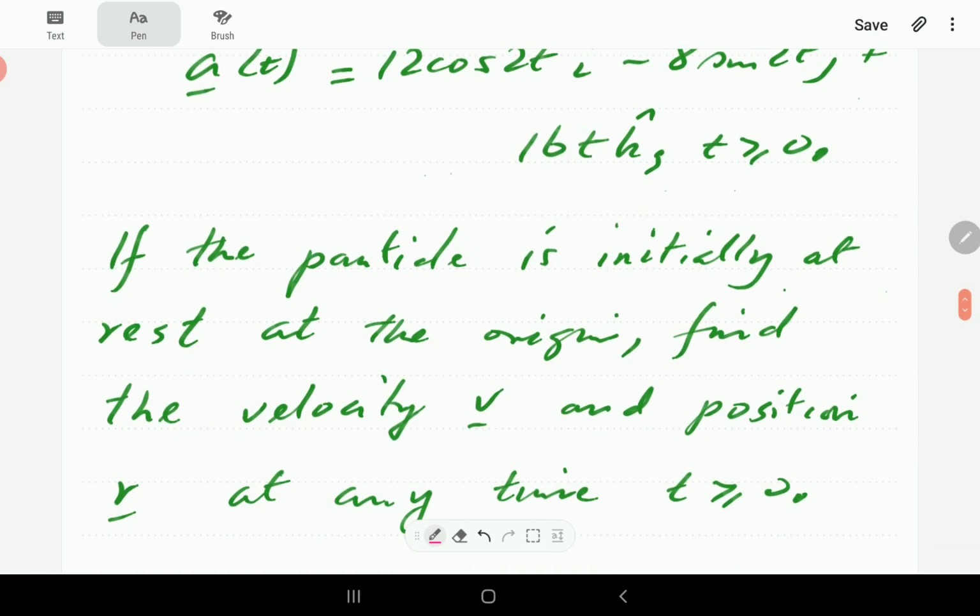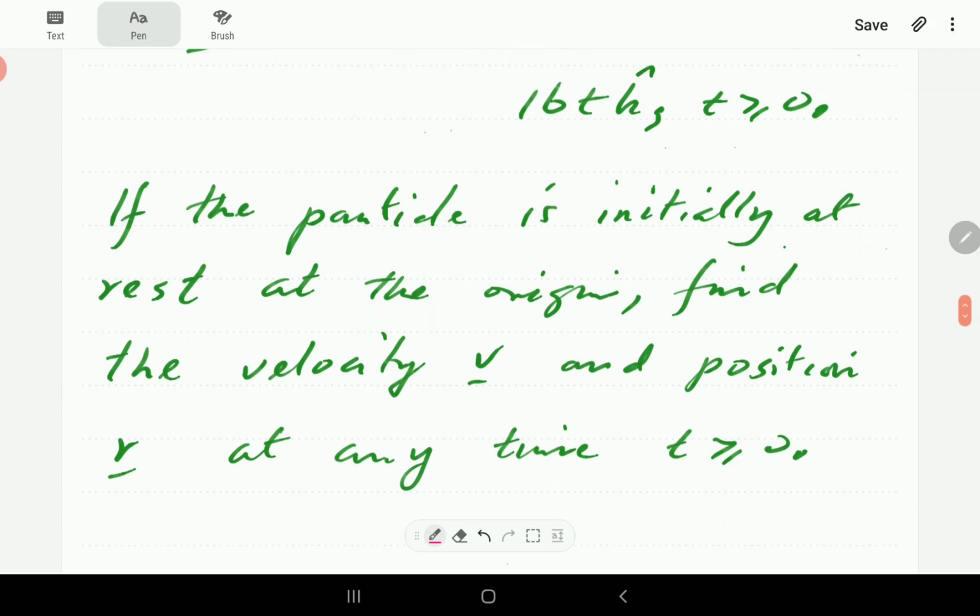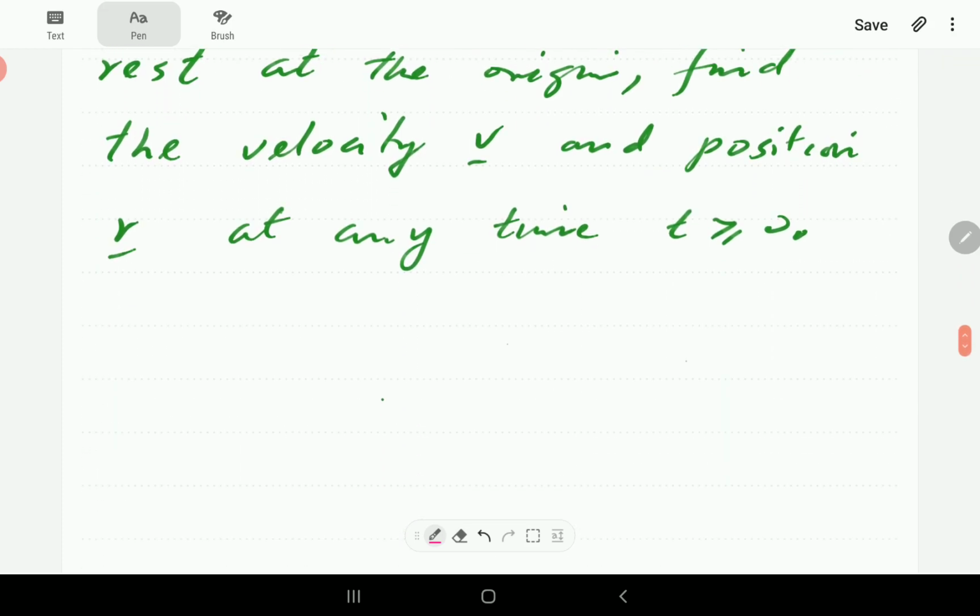And then we're told that the particle is initially at rest at the origin, and then we want to find the velocity v and the position r at any time t.